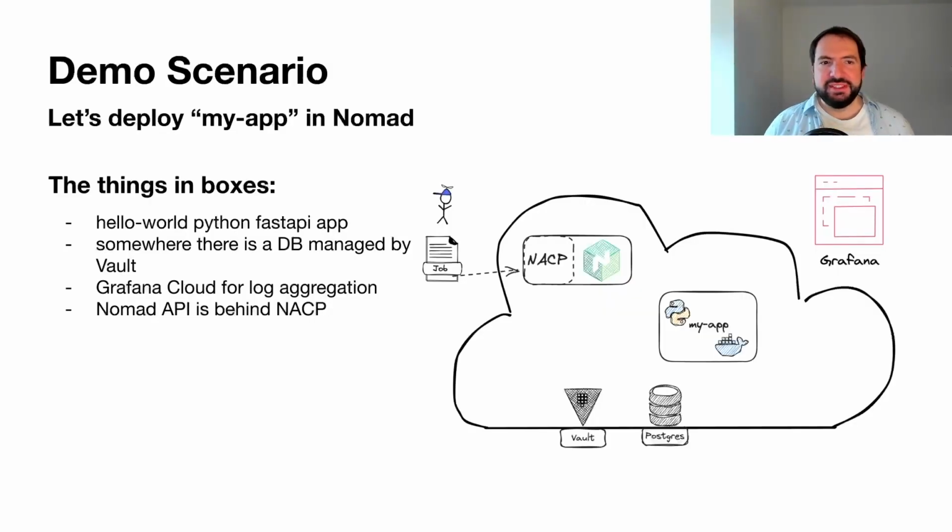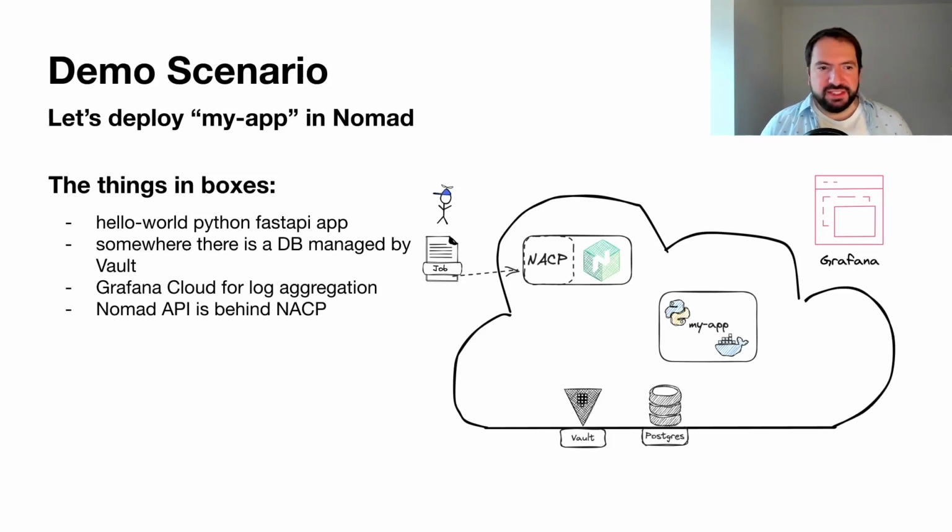For my demo scenario, I set up a little cluster, and in there I want to deploy the app I was talking about in my initial examples. It's a basic Hello World Python app powered by FastAPI.